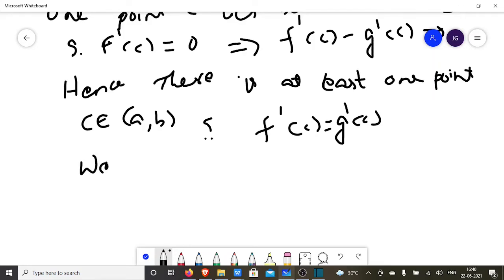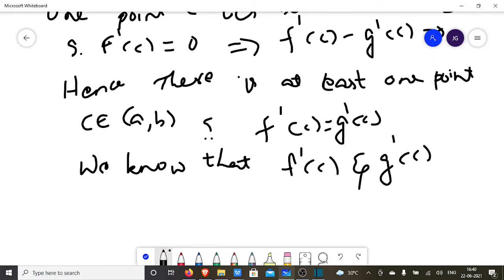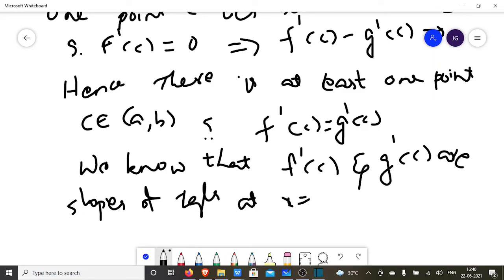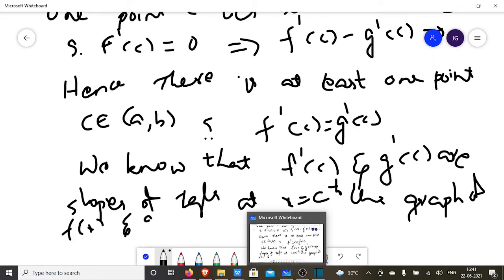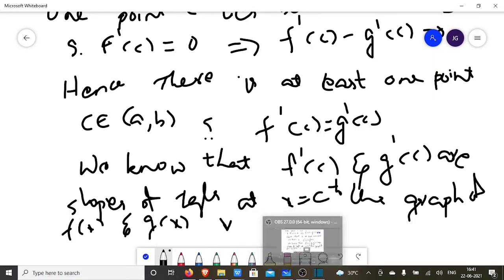We know that f dash c and g dash c are the slopes of the tangents at x equal to c to the graphs of f of x and g of x respectively.